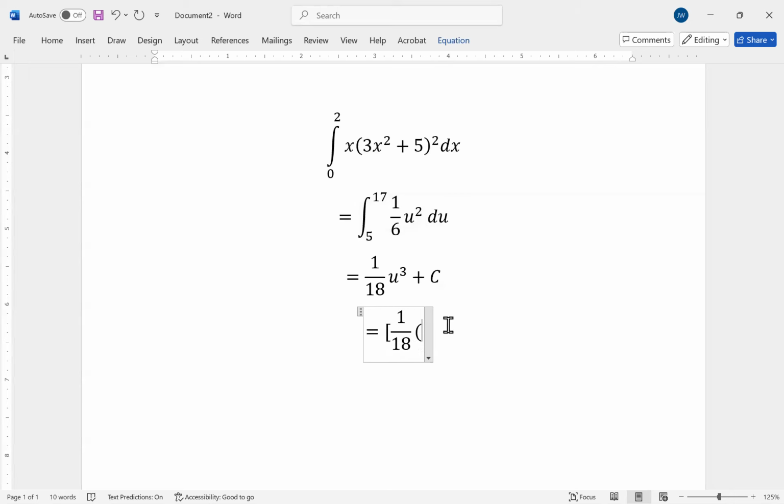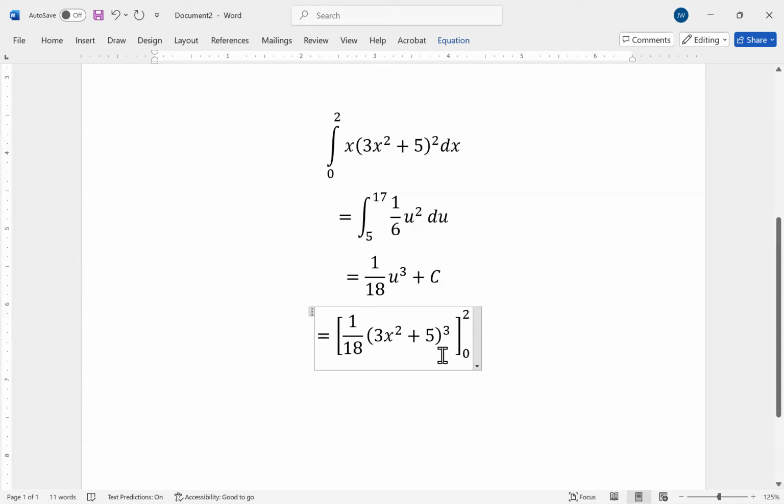What I mean by that is go 3x squared plus 5 to the third, and then used the x value bounds.